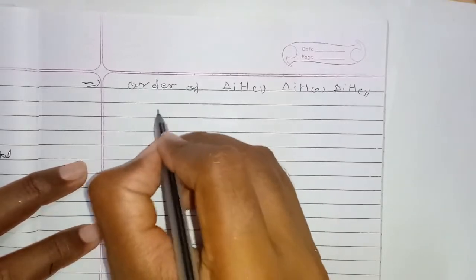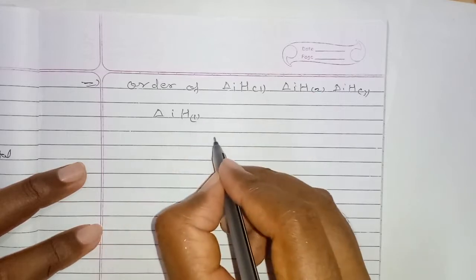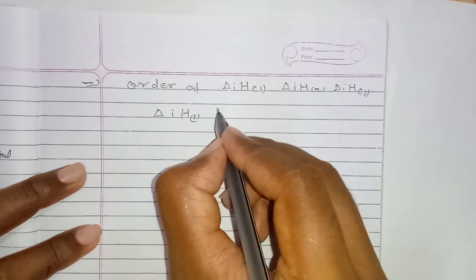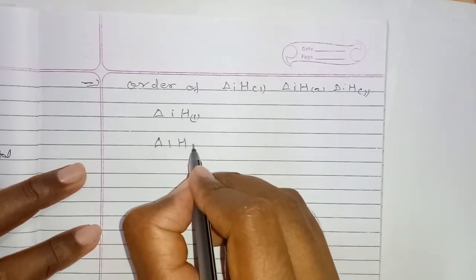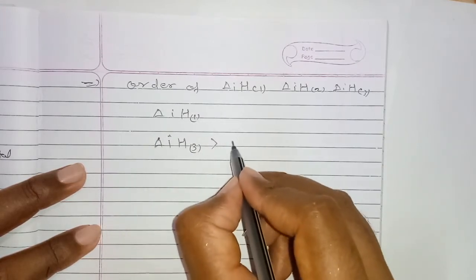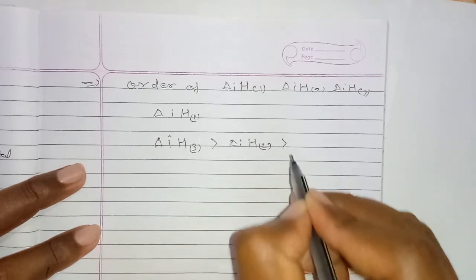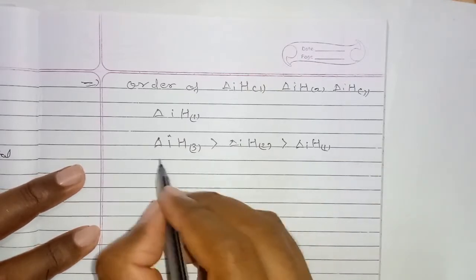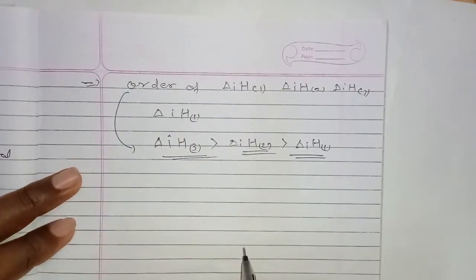The order of ionization enthalpy is: third ionization enthalpy is greater than second ionization enthalpy is greater than first ionization enthalpy.